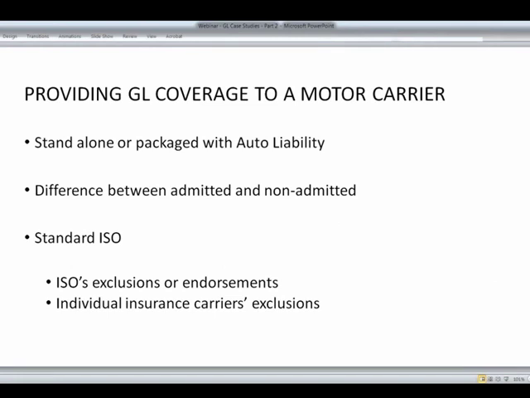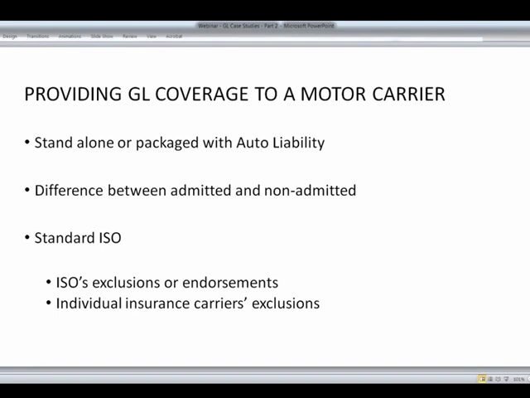The problem we have in some cases is that some of the general liability policies that you'll be provided by a motor carrier will be provided on non-admitted paper. For those of you who are not familiar with the difference in admitted and non-admitted, the admitted paper is the insurance carriers who are licensed to do business in that state and that are providing coverage on, quote, standard, unquote forms.